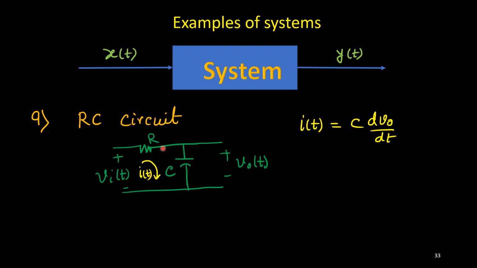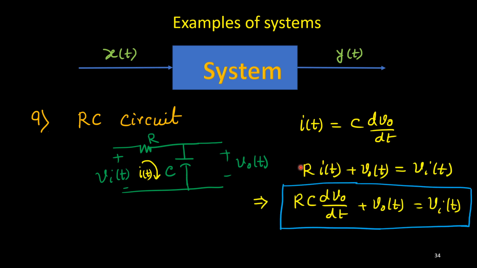This is a no-load condition, so whatever current comes through R goes through the capacitor, and the capacitor current is given by C dv_0/dt, where the voltage across the capacitor is v_0. The total input voltage v_i(t) equals the voltage drop across the resistance plus the voltage across the capacitor. The voltage drop across the resistance is R i(t), and the voltage across the capacitor is v_0(t).